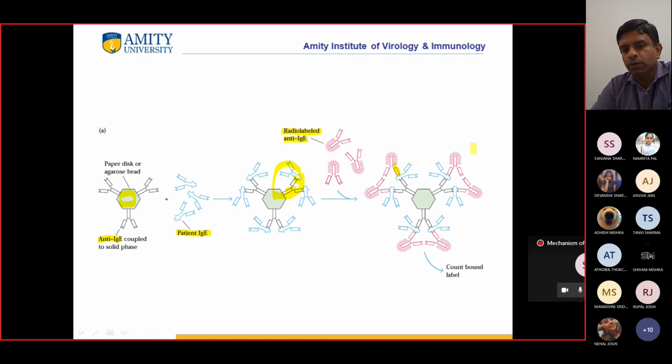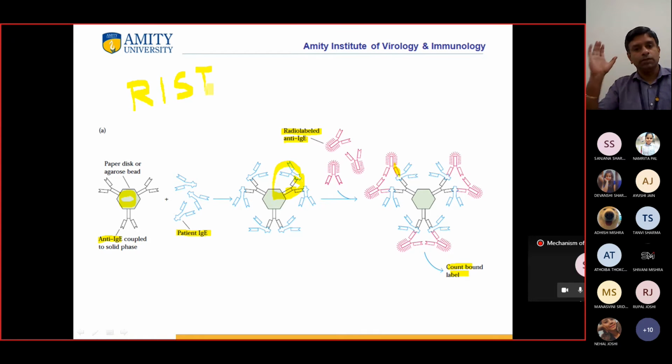So जो भी unbound radio labeled anti-IgE होगी वो wash away हो जाएगी, and then whatever is there in the solution you can put it in the gamma counter and you can know the levels of IgE, right? So it's a very simple process. So this is called RIST. And what RIST tells? It tells about the serum concentration of total IgE.